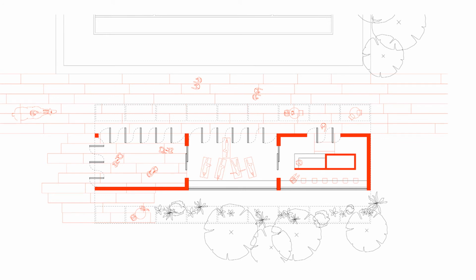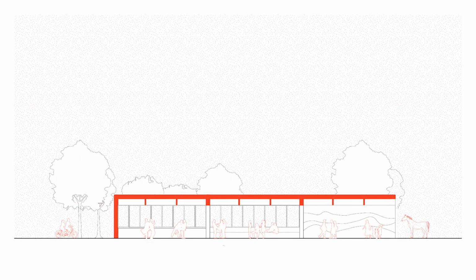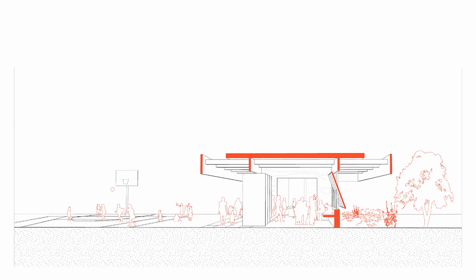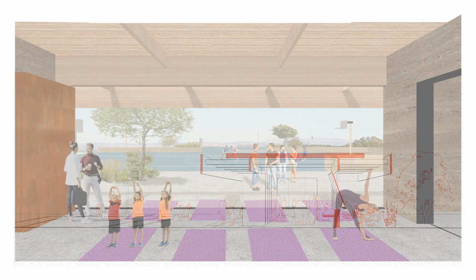This structure contains a small cafe, a flexible multi-purpose space, and a patio. Using a series of rammed earth walls, a CLT framed roof structure filters and shades sunlight.